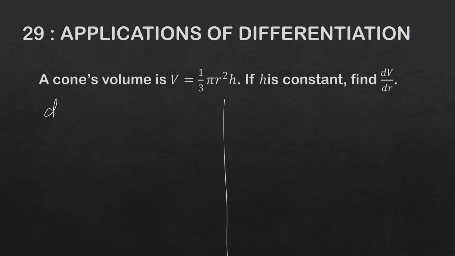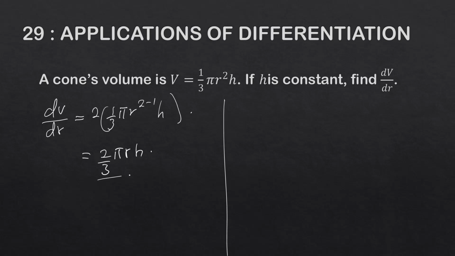So I'm going to have dV dr equal to 2 multiplied by 1/3 pi r to the power of 2 minus 1 multiplied by h. So this is going to be 2/3 pi r h. Because h is constant, I'm not differentiating that one. So this is my answer.